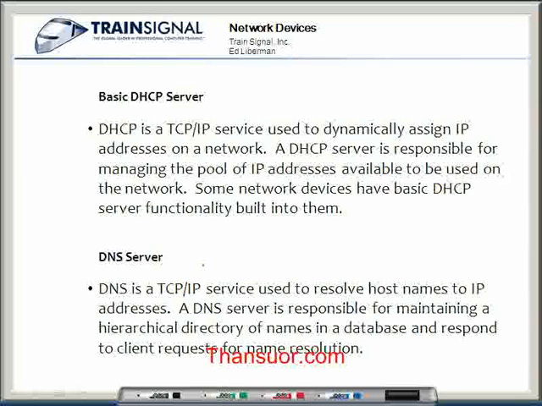Some devices, certain switches, routers, etc., will have basic DHCP server functionality built into them. One of the most common places we see this is if you take a look at a cable modem or DSL router.